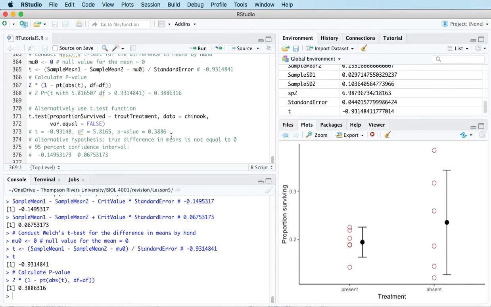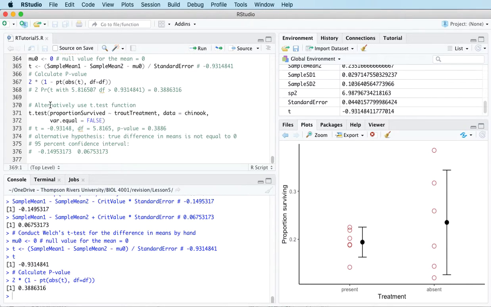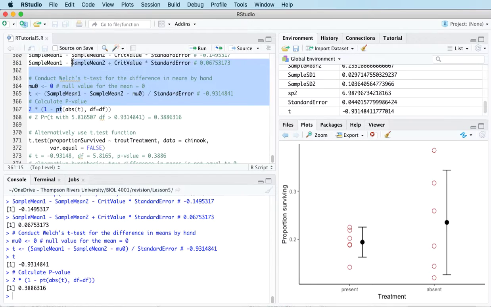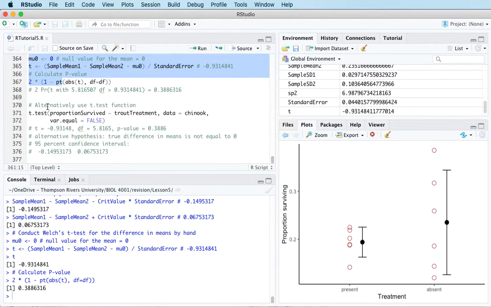That does not mean that we're concluding the population means are the same. We're concluding that we cannot rule that out. Okay, so subtle difference here. We're not accepting the null hypothesis. We are not rejecting it. Okay, so that's how to do all that with long, complicated hand calculations.